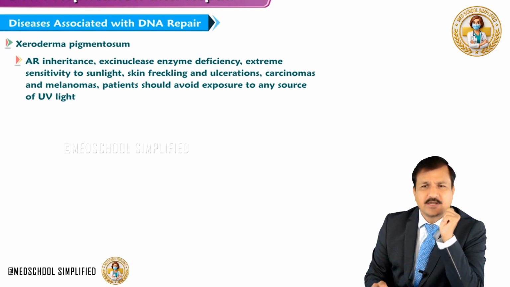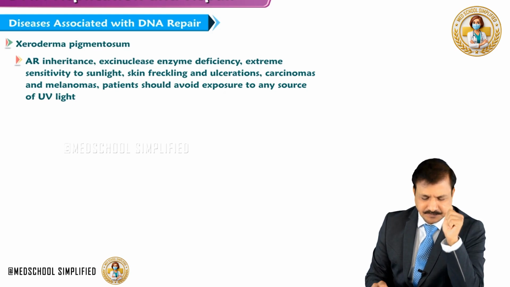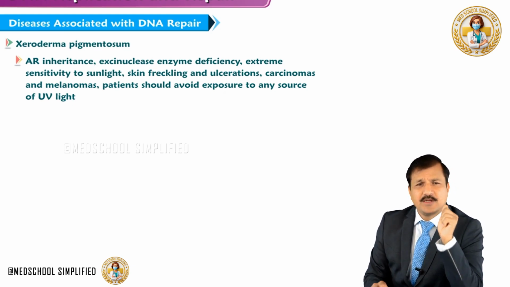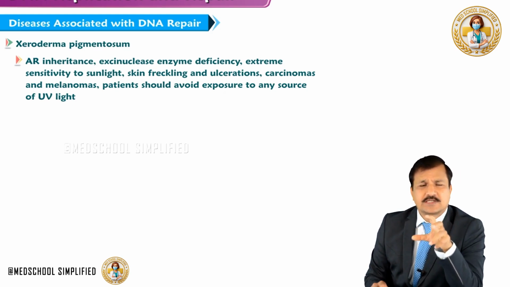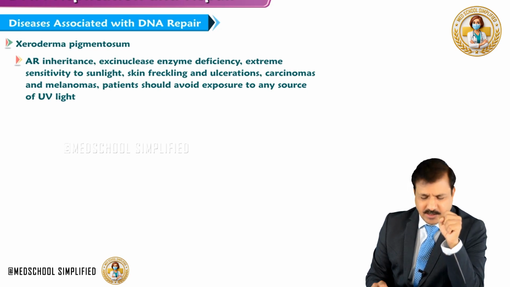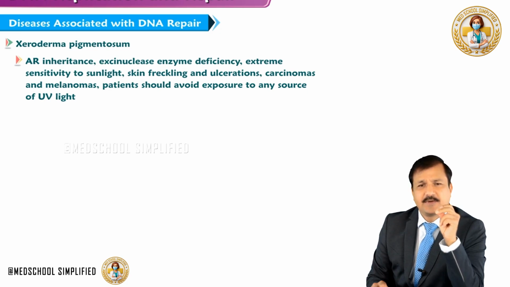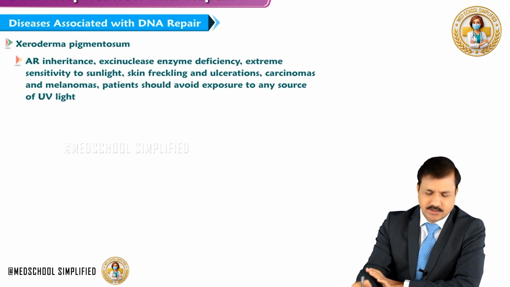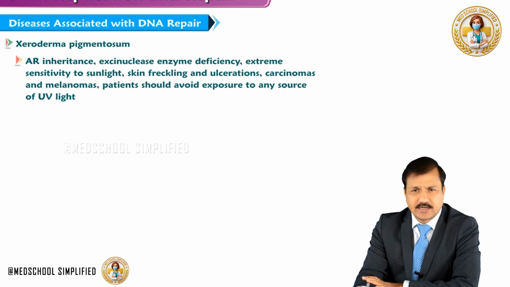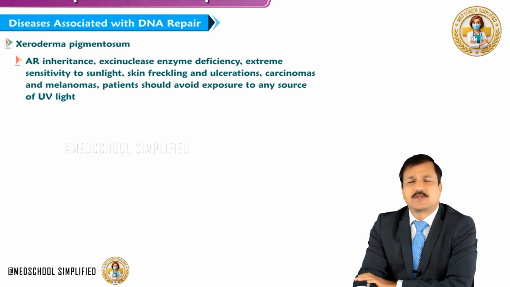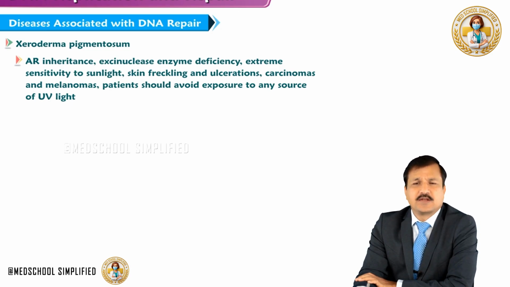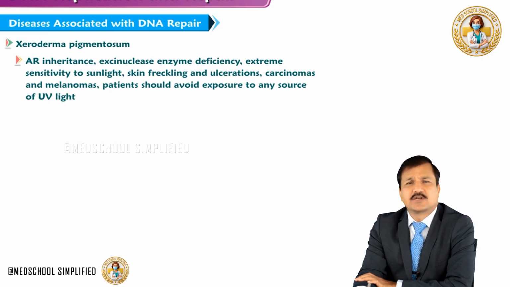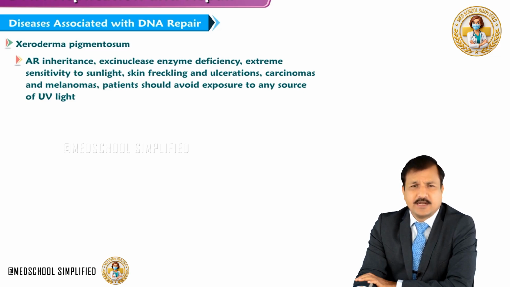The most common deficiency seen in xeroderma pigmentosa is excision endonuclease enzyme deficiency. So patients should avoid exposure to any source of ultraviolet light to prevent skin freckling, ulcerations, and eventually the development of skin cancer later on.